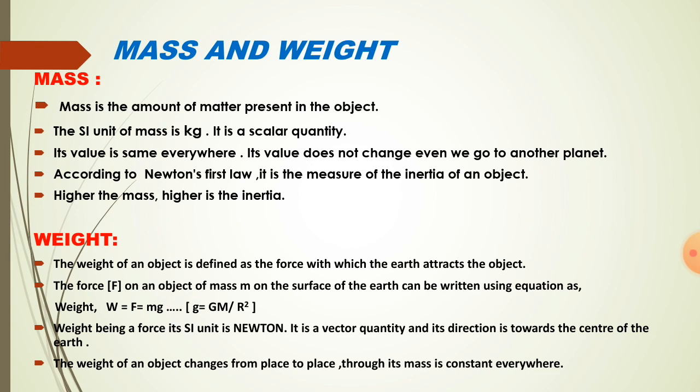Newton. Students, remember this. It is also a vector quantity. That means it has both magnitude and direction, like force, and its direction is towards the center of the earth. The weight of an object changes from place to place though its mass is constant. Its mass is constant everywhere. Okay, don't confuse between the two terms, that is mass and weight.